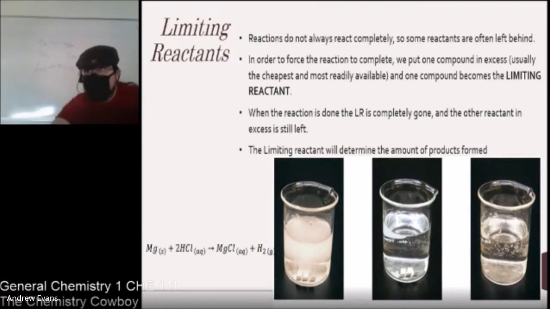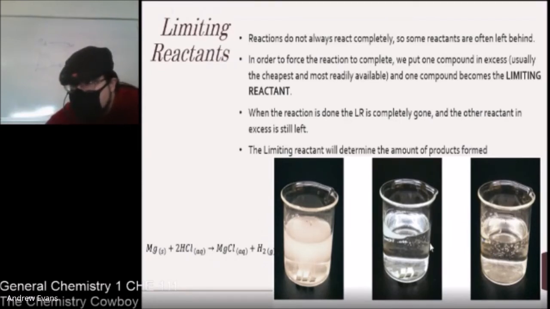So we have an example here. We mix magnesium with hydrochloric acid. In these two situations, B and C, in B, we see the bubbles have stopped. There's magnesium strip left. So clearly, if this stopped, we must have run out of acid. We can't form any more hydrogen gas if we have no more H+.